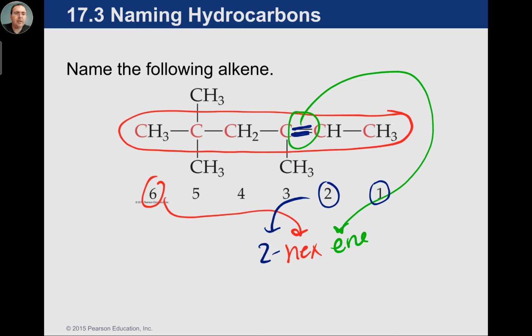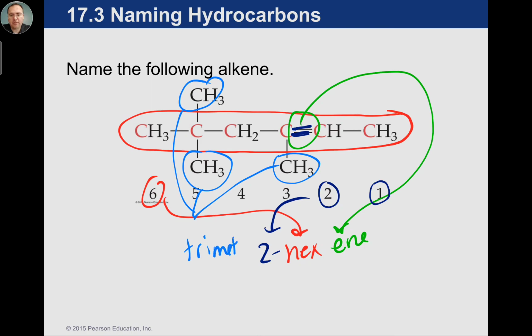Then we realize that we have these 3 branches that are all the same. This branch is the same as this branch is the same as this branch. So anytime we have 3 of the same, we would say tri. We realize their length is only 1, so we say meth, and then attached to somebody bigger is yl. And then we just need numbers to represent locations.